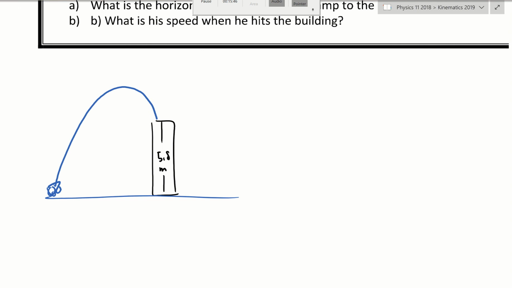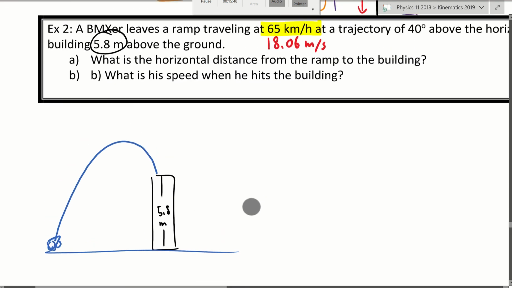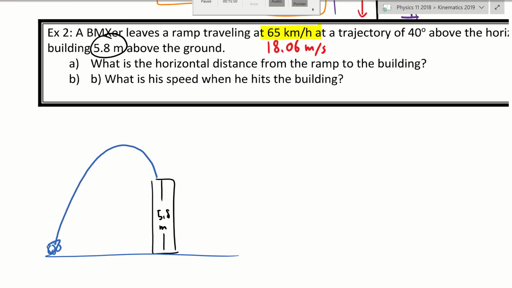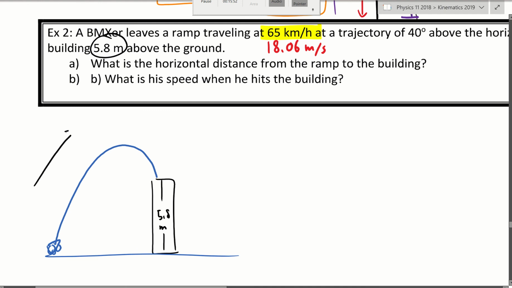Let's take the initial velocity and break it into components. So your initial velocity is that way, at 18.06, and then there is an x component and a y component. The angle is going to be 40 degrees.